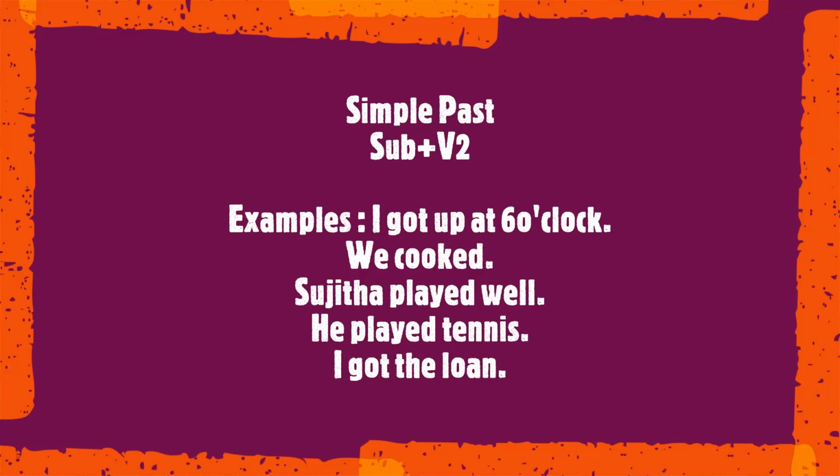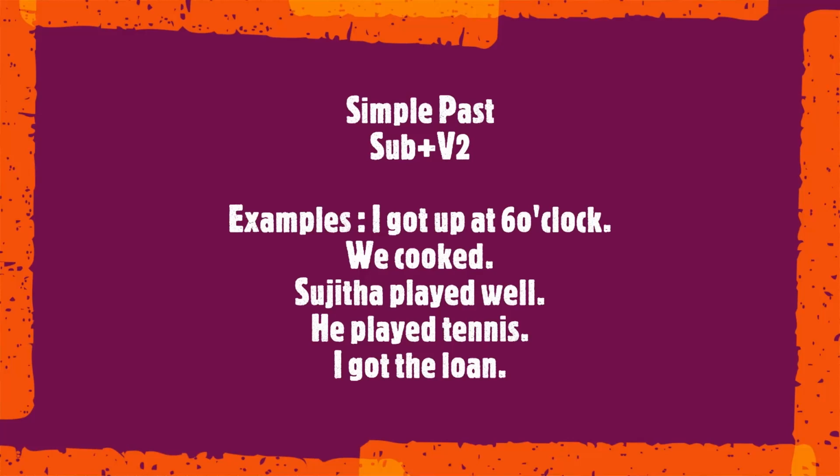Here we need to use subject plus V2. Here one thing, dear children: this verb has only one form with all subjects. Whether the subjects are singular, plural, first person, second person or third person, we need to use the past form of the verb.